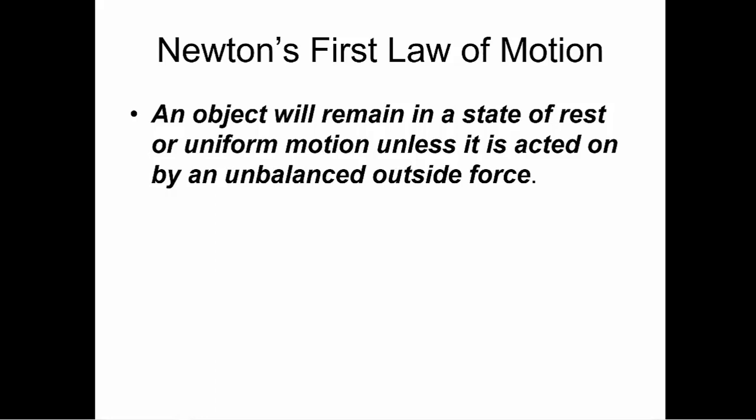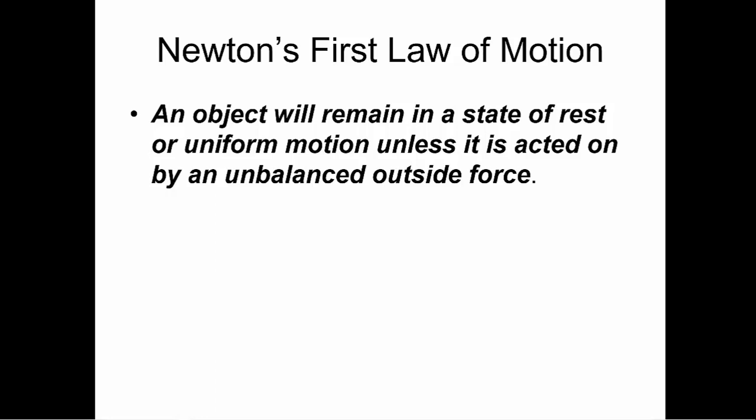Now, uniform motion means constant speed in a straight line. At least when Newton came to it, it did. When Galileo stated it, he thought something moving with constant speed in a circle could be uniform motion. With Newton, it had to be a straight line, constant speed is the uniform motion.